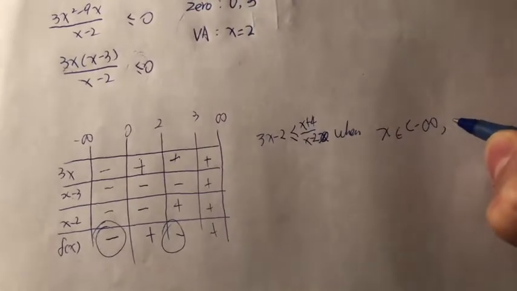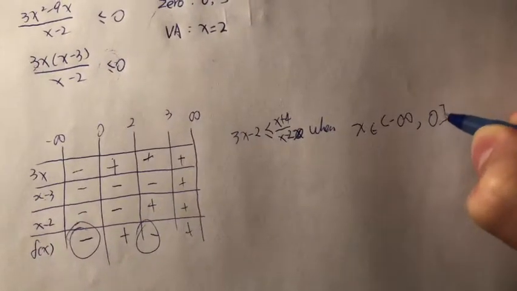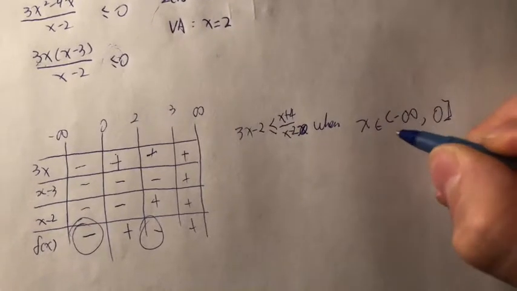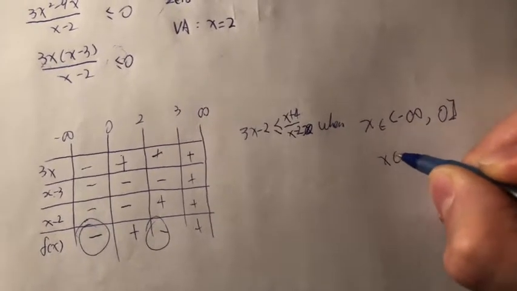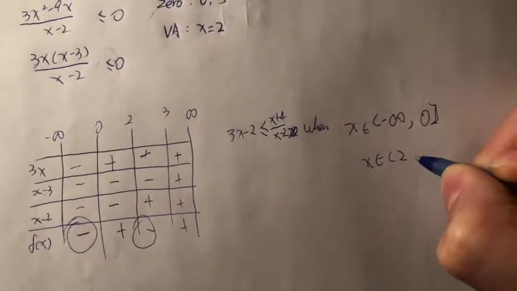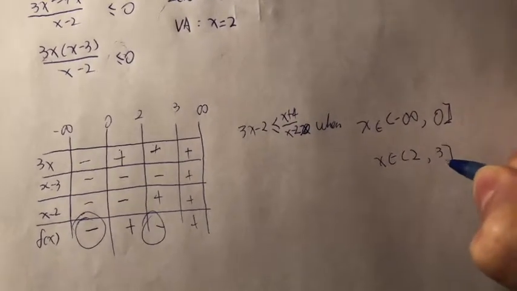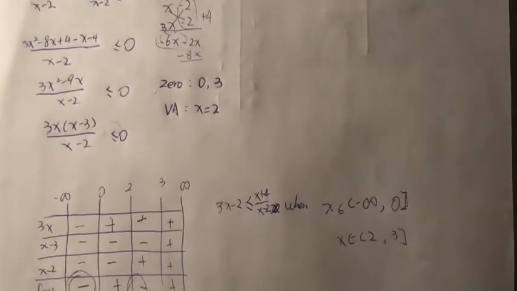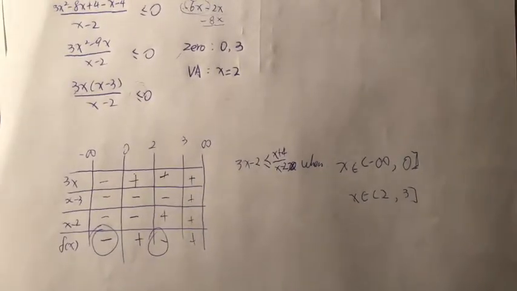Then you include 0, okay, this means include, this is not include. And then you put a bracket at 2. That's the final answer we got.